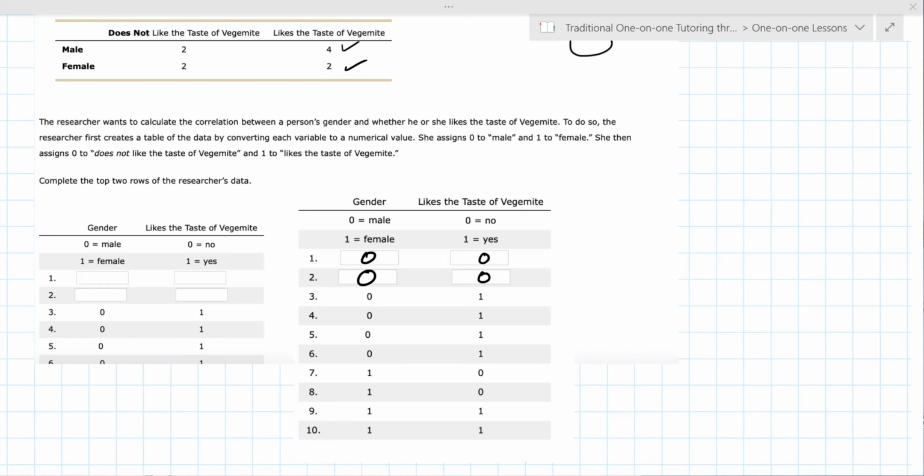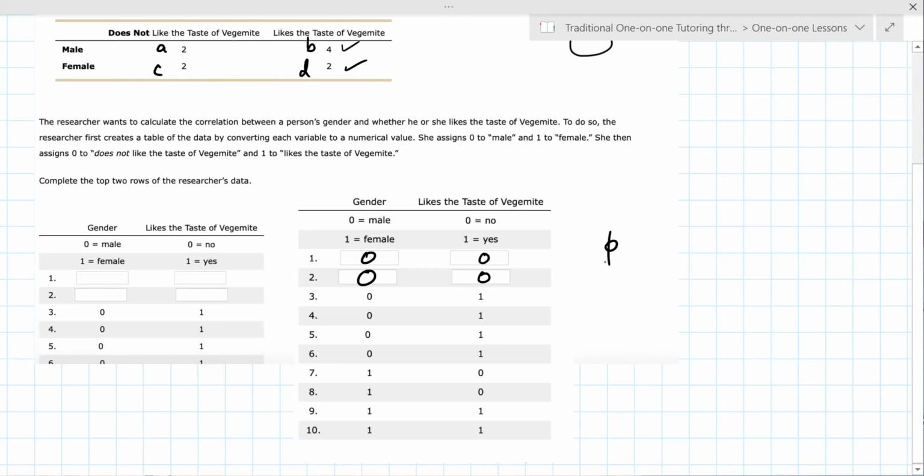AD minus BC. Okay, so they're considering this to be A, and the formula for the phi coefficient is this.